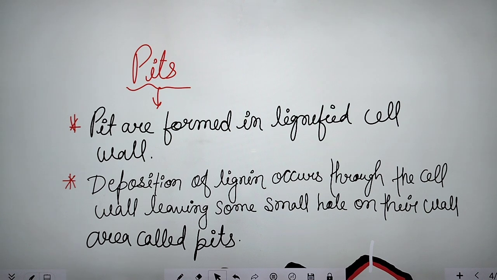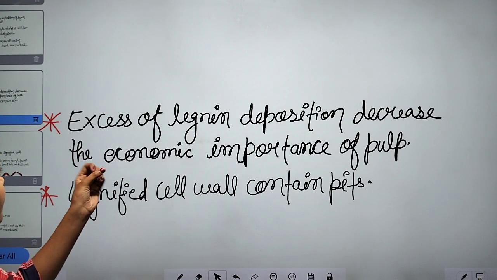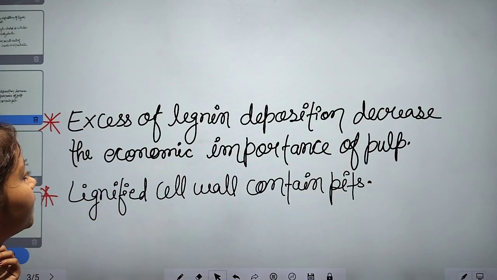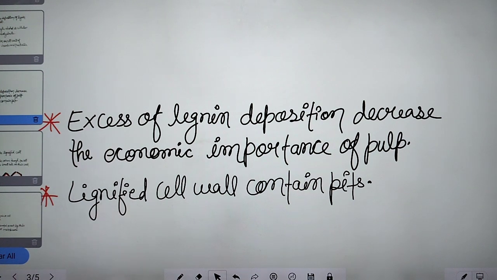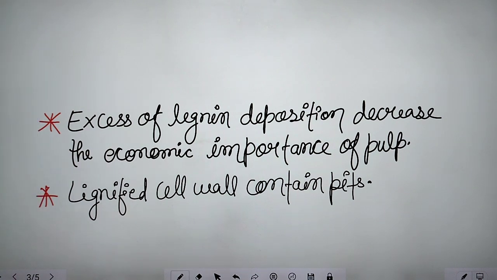That I have also explained in this figure. Now the next thing is that the excess of lignin deposition decreases the economic importance of what?